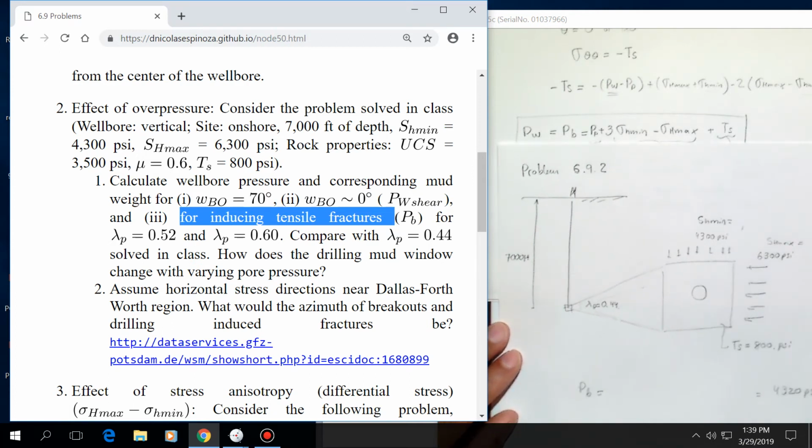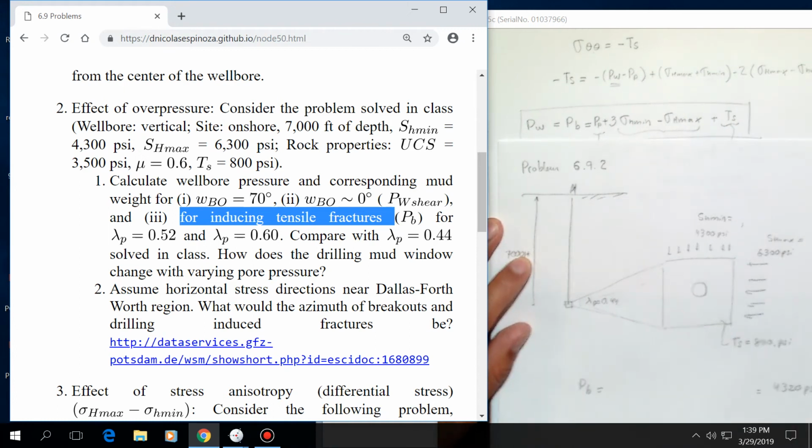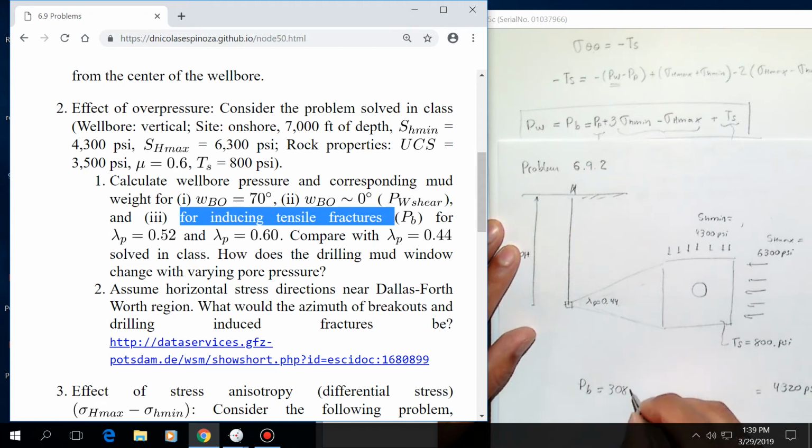I'm just going to plug the numbers in. What is the pore pressure at this place? 3,080. But how much was the numerical value? 3,080 psi. And what is sigma h min? 1,220.